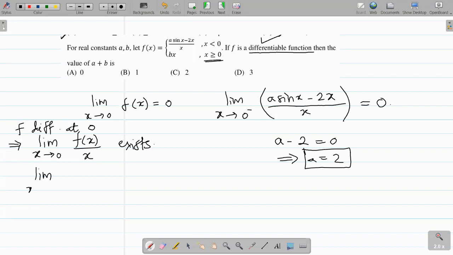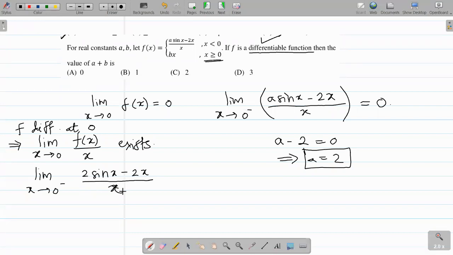This means limit x goes to 0 minus of f(x) by x, that is, what we have now, (2 sin x minus 2x on x), the whole thing divided by x.